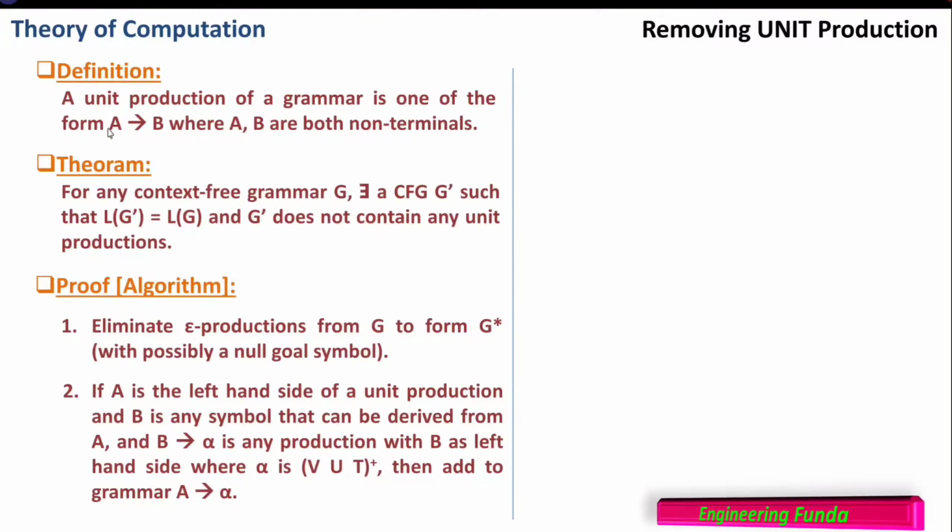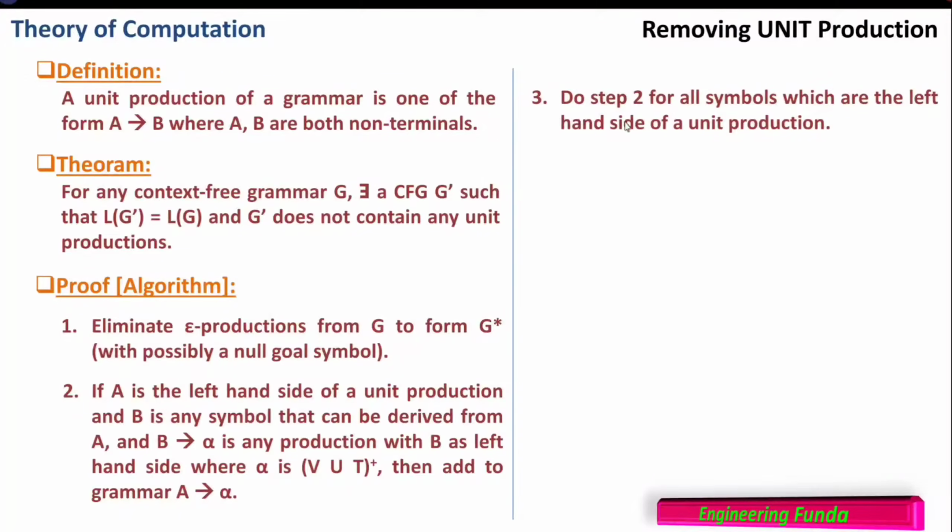So if we have a production of the form A tends to B, which is a unit production, and there is another production B tends to alpha in the same grammar, then we have to add this production A tends to alpha to the grammar.